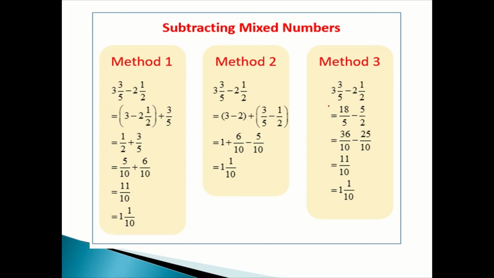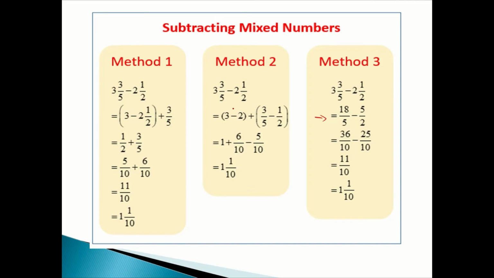For me it's easier because the process is very clean. In method number 1, we subtract 3 minus 2 and 1/2 and then add the 33 over 5. I think it's quite complicated.